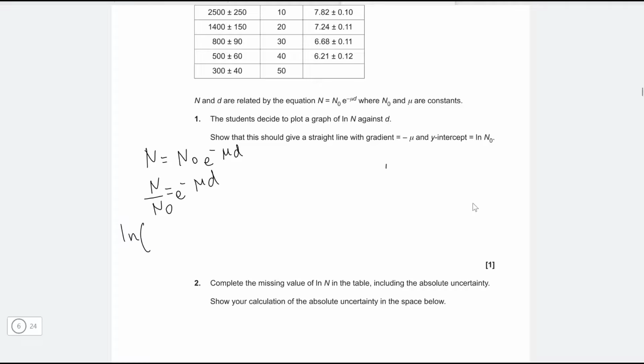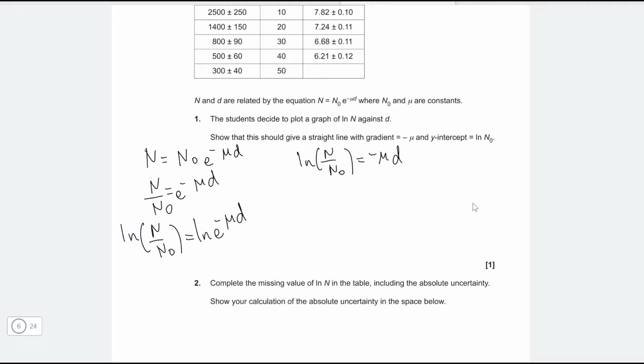So ln of N over N naught will be equal to ln of e to the minus mu d. And remember, ln and the exponential are inverse functions, so they undo each other. What we're going to get is that ln of N over N naught will be equal to minus mu d. Just write that more clearly, so minus mu times d.